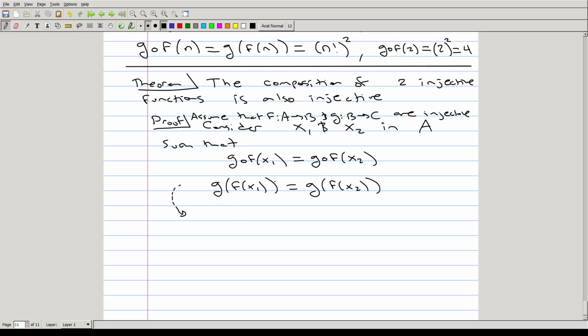By the injectivity of g, we have to have that f of x1 is equal to f of x2.